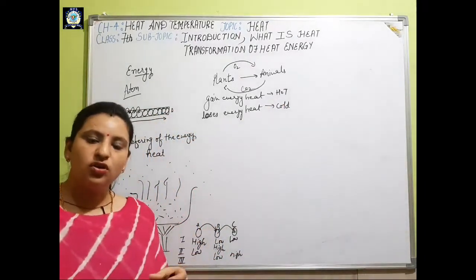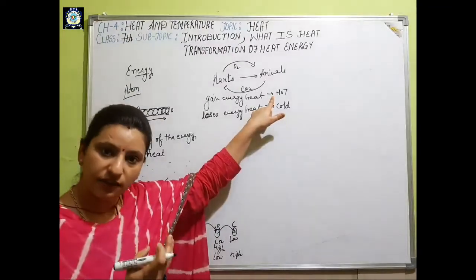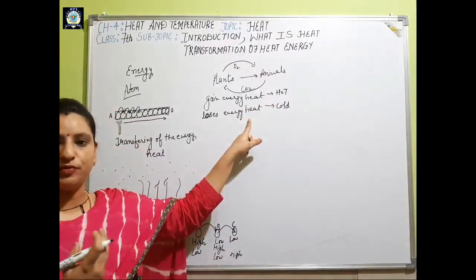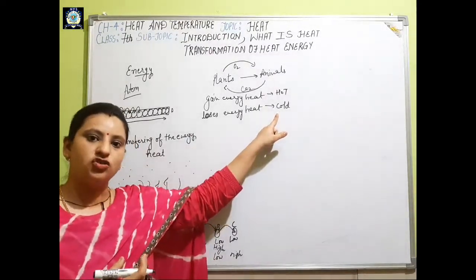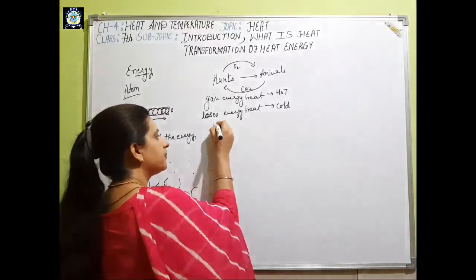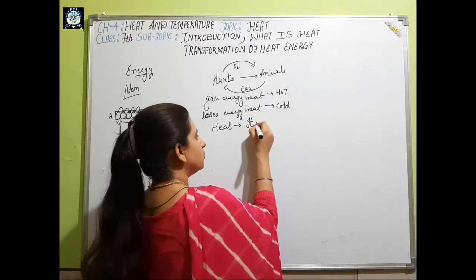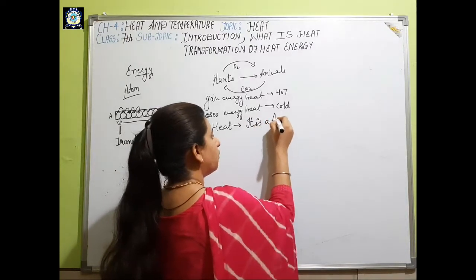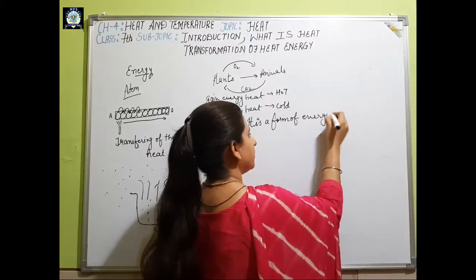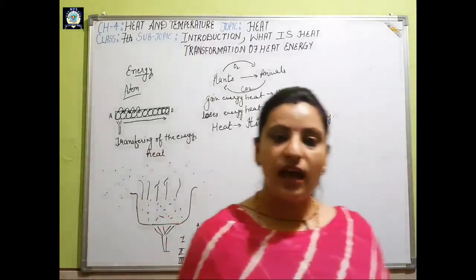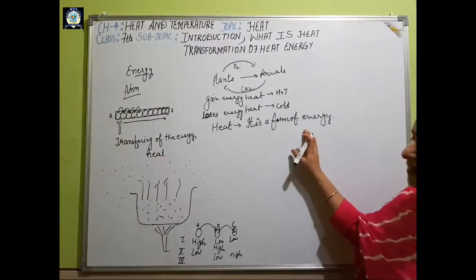Okay, so the gaining of energy leads to hotness or a heating effect, and losing of energy in the form of heat leads to coldness or a cooling effect. So hence, what is heat? Heat is also a form of energy.